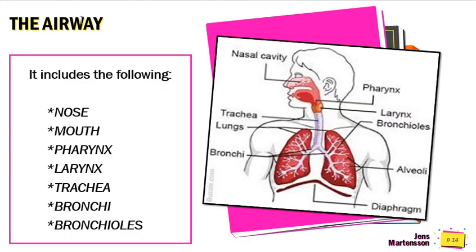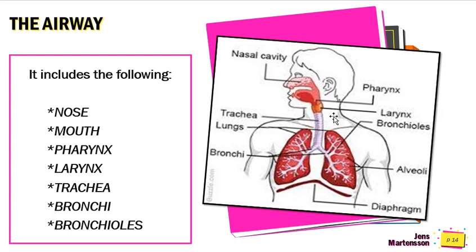From the term itself, airway, it is the passageway of the air going in. So this includes the nose or nasal cavity, where the air or oxygen passes, and the mouth as part of it. And then we have the pharynx and the larynx, the voice box, which produces sound.